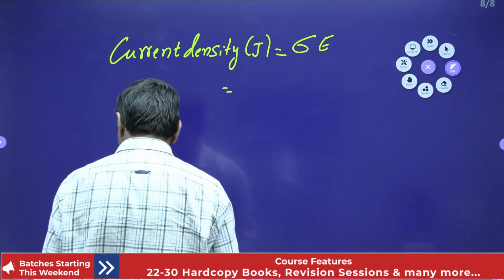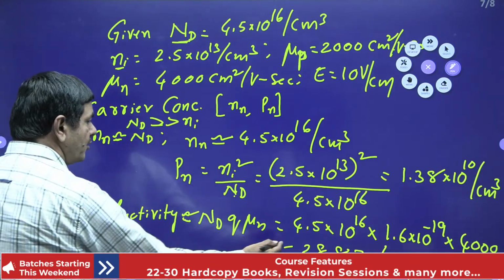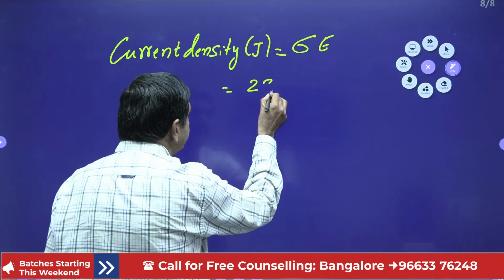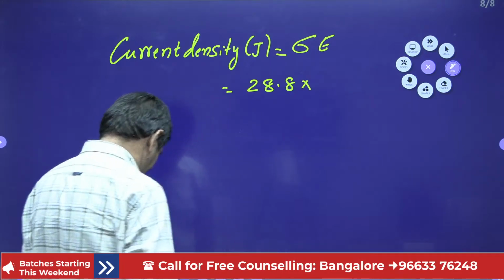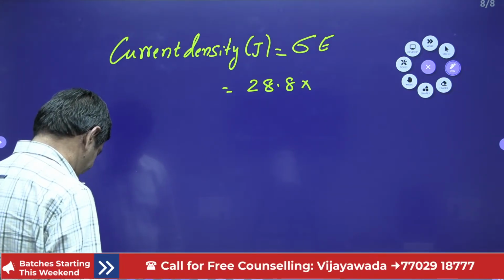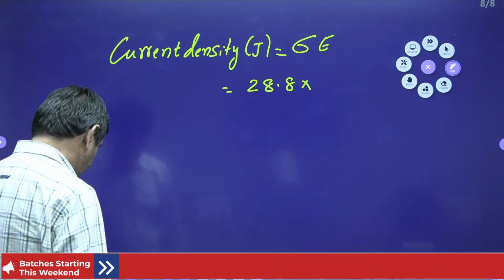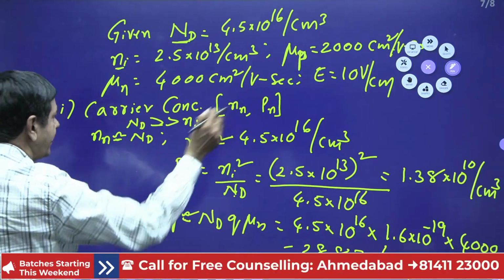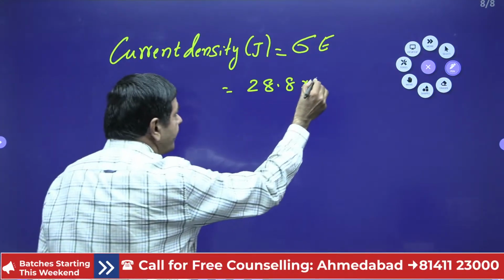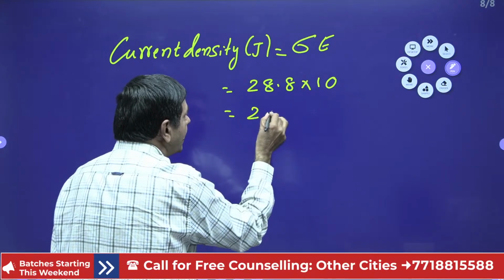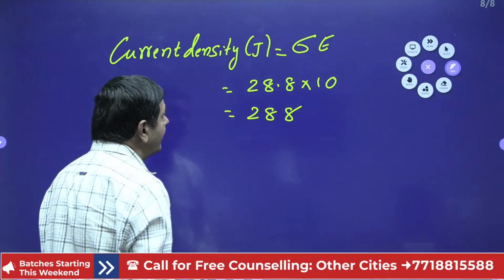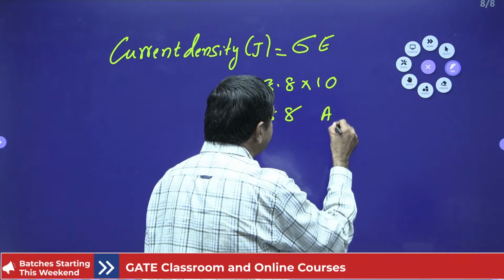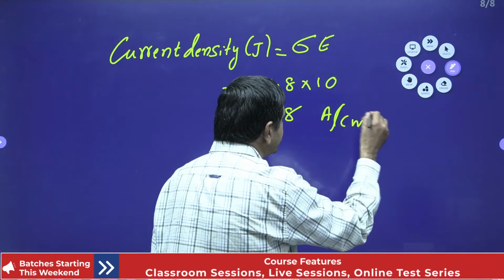The sigma value we got just now is 28.8. 28.8 into electric field intensity. Electric field intensity is given in the problem as 10. When you multiply with 10, 288 comes. But what units will you get here? Units are amperes per cm square.